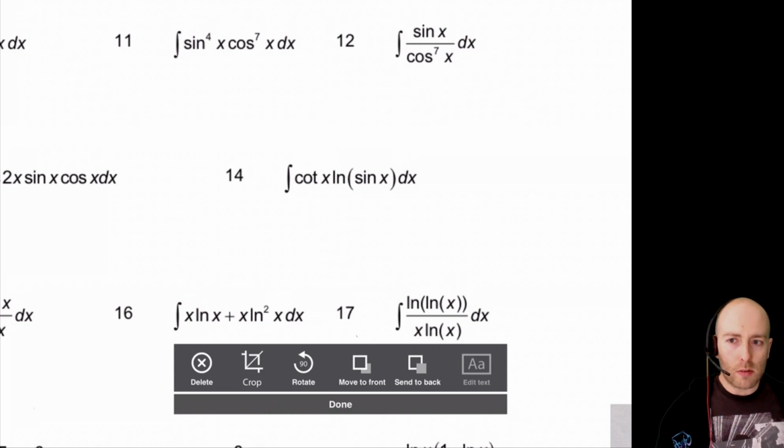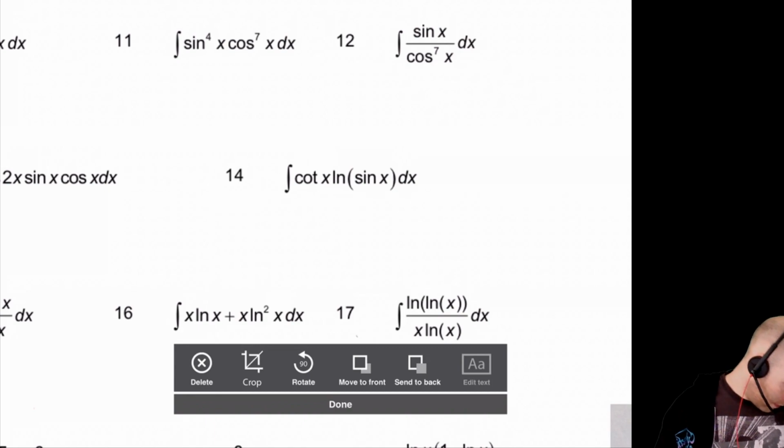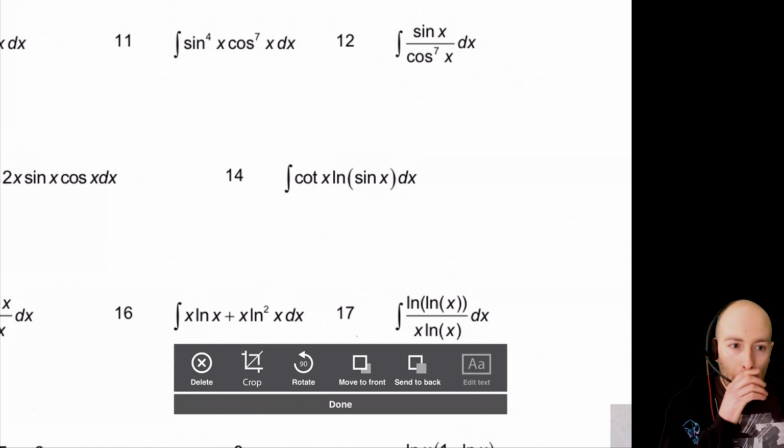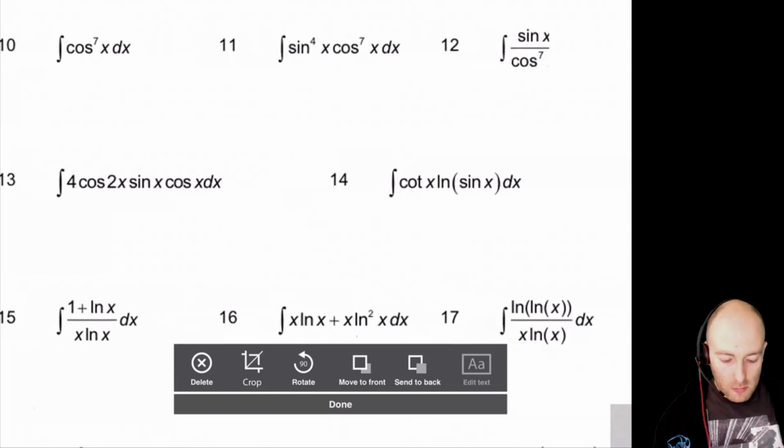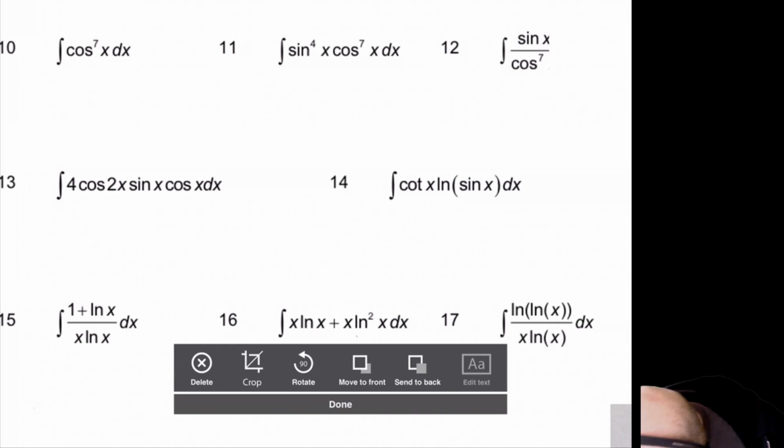Yeah, do you mean this 12 here? Sine over cos to the 7? Yeah, cool. All right. And Tom's here as well. Cool. Okay, we'll go through those top three there. So if we do 12, 13, 14 to start with, and then we'll give you guys some hints for the others.